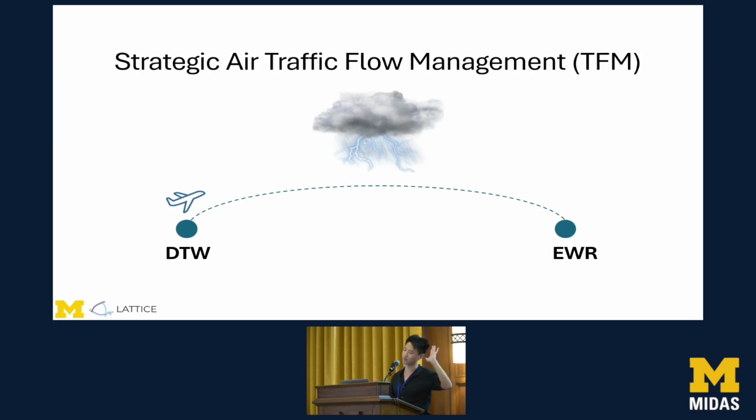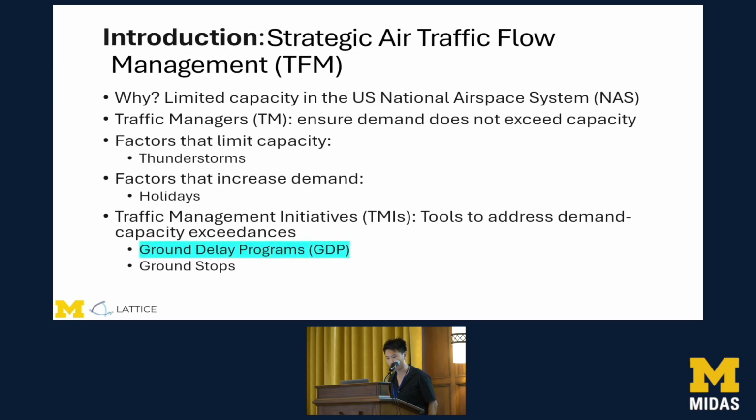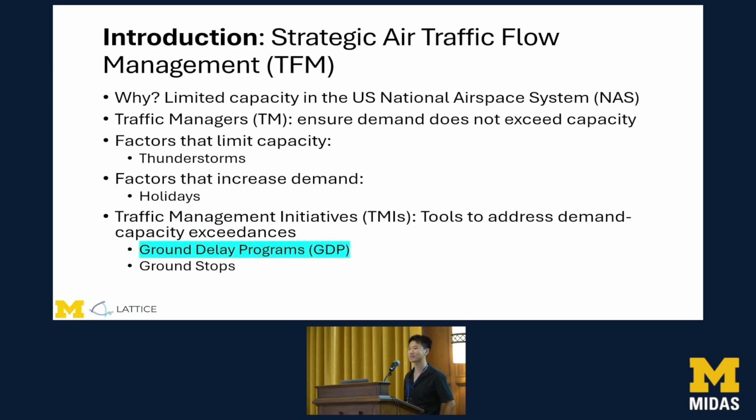Essentially, you want to get from A to B, but there might be a capacity constraint or supply side constraint, and how do you manage the demand effectively? One way we manage demand here in the U.S. and in other places in the world is relatively simple.